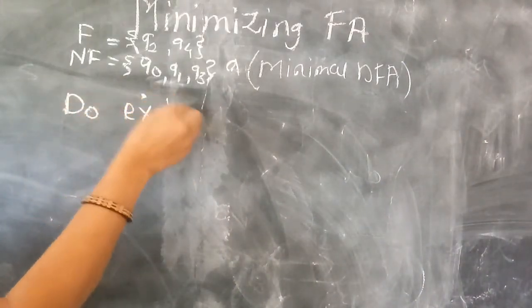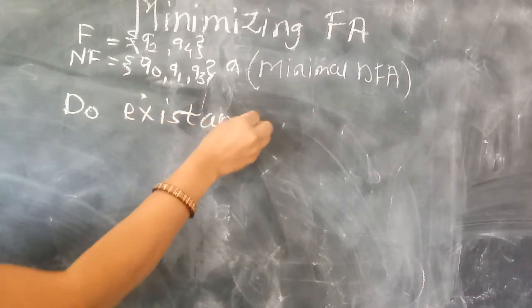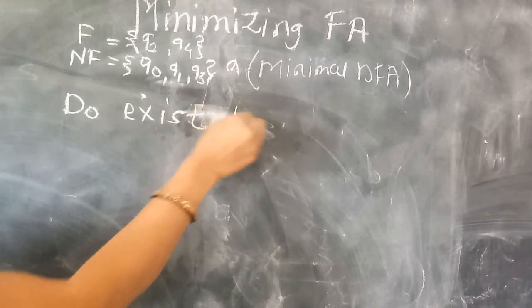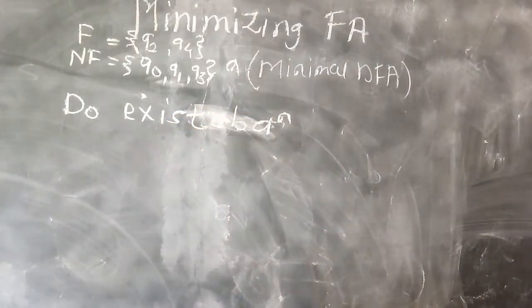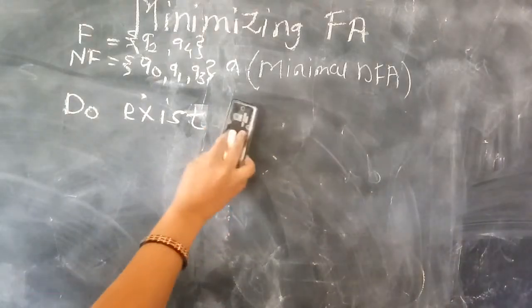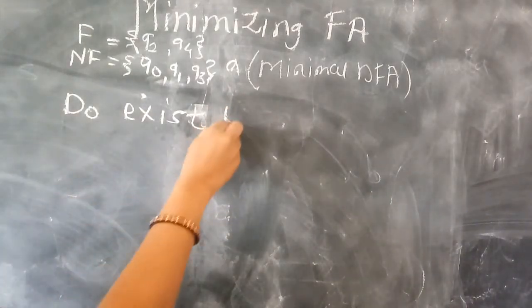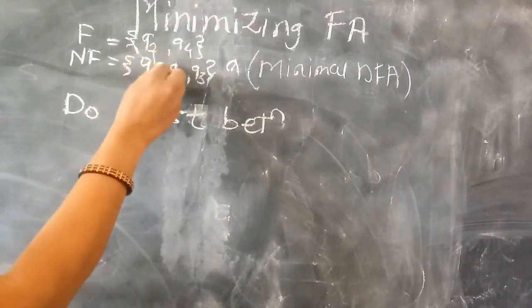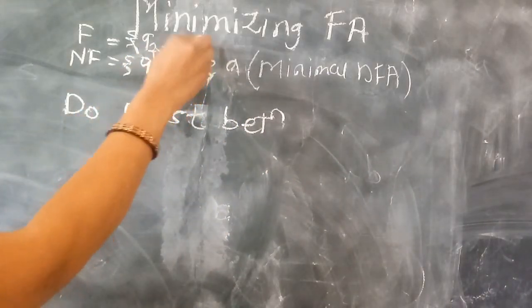The distance d0 exists between which states? You have to map every non-final state with the final states.